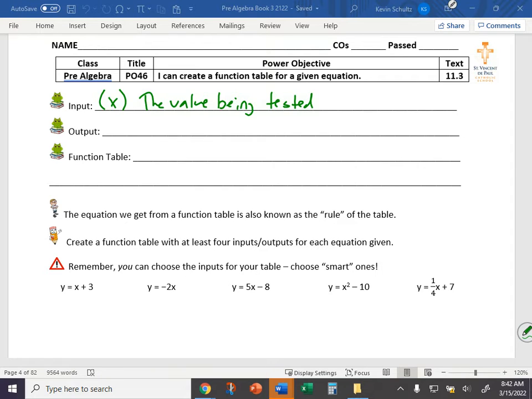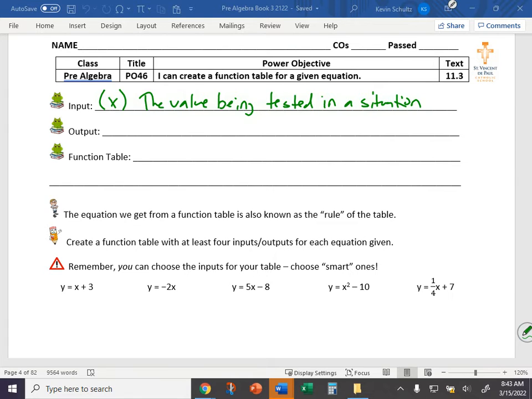It's what can change in an equation. Well, what happens if I do this? What happens if I do this? It's the value that is being tested in a situation. It's what you plug into an equation.